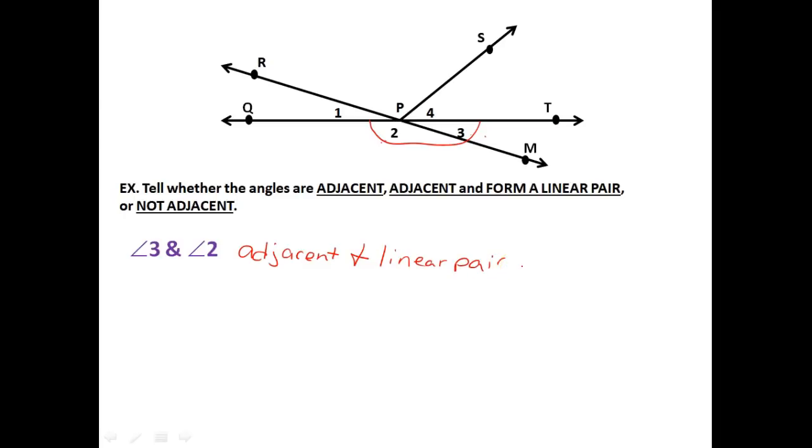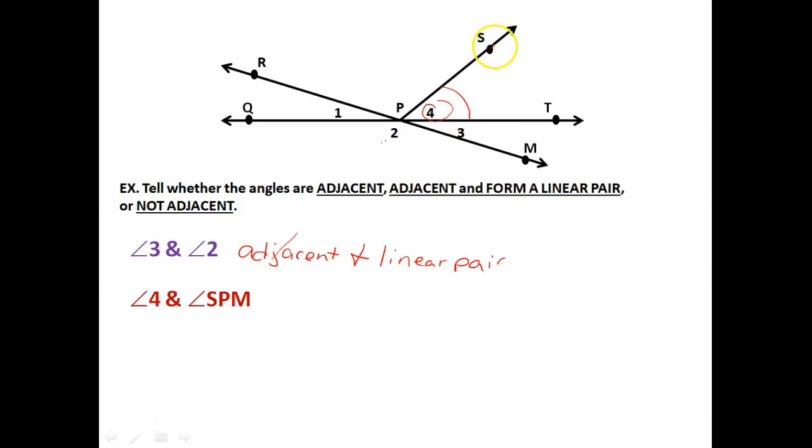Alright, next, angle 4 and angle SPM. So I'm going to erase. Alright, so now we have angle 4 and angle SPM. So here's angle 4. So here to here is angle 4.